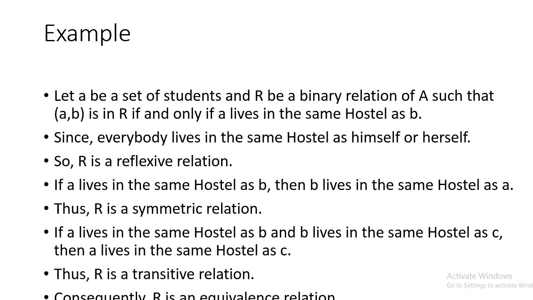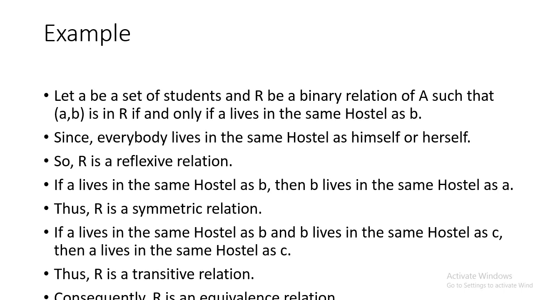Since everybody lives in the same hostel as himself or herself, we can say that R is a reflexive relation. Likewise, if A lives in the same hostel as B, then B also lives in the same hostel as A. Thus, automatically R is a symmetric relation.